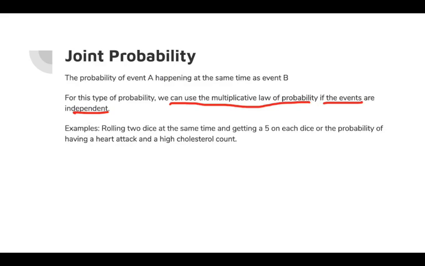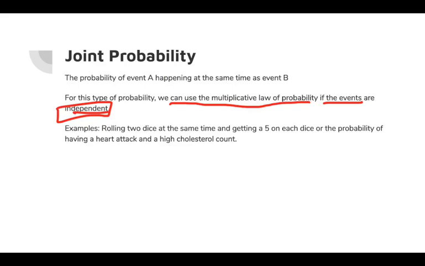So an example of this is if you're rolling 2 dice at the same time, getting a 5 on each die. Those are 2 events, right? You have 2 separate dice, and what's the chance of them both landing on 5 at the same time? Well, the events are independent, because the outcome of one die does not determine the outcome of the other.